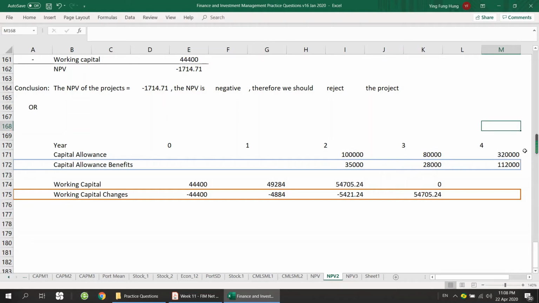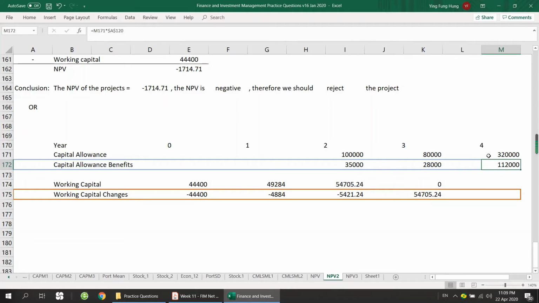And once again, since we are paying 35% tax, we are also claiming 35% of this capital allowance. In this case, we will get a capital allowance benefit of 112,000. So this is the capital allowance that we can get from the third year. However, since we are paying tax 1 year later, we are also getting the benefit 1 year later.